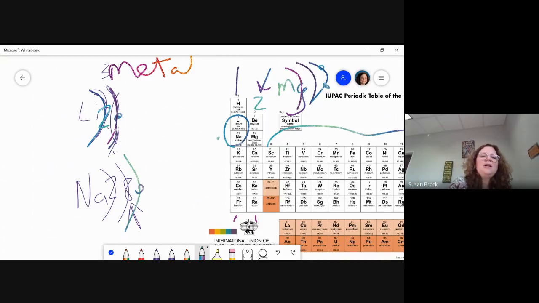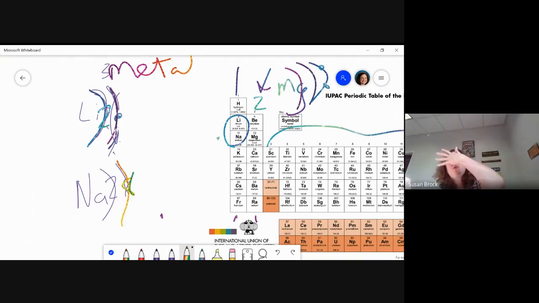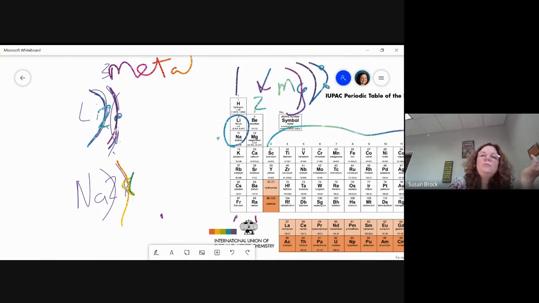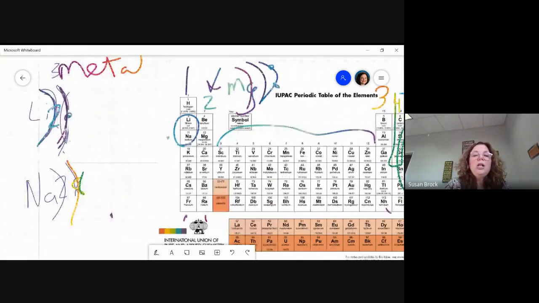They can gain 7 in this outer electron shell, or they can just lose this 1, and that's easier for them because the attraction of the nucleus isn't as much as the nucleus of the nonmetals. So they lose the 1 and go down an electron shell, which is full. And that's the point, to have a full electron energy level.